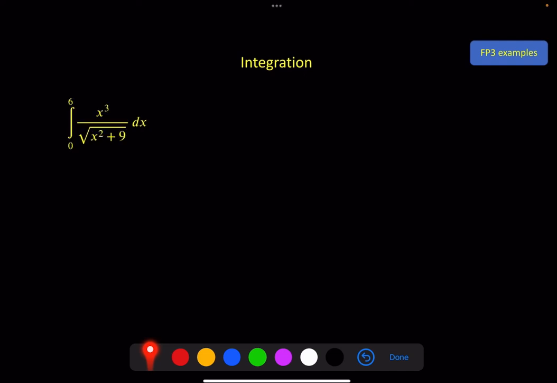Okay, a final and possibly the most complicated example here on the screen. This is more difficult obviously because of the x cubed here, but I'm still going to start with this. So to give you an idea of what would go through my head, I would do what we've done before. I would say I know that tan squared plus 1 is going to give me a sec squared.